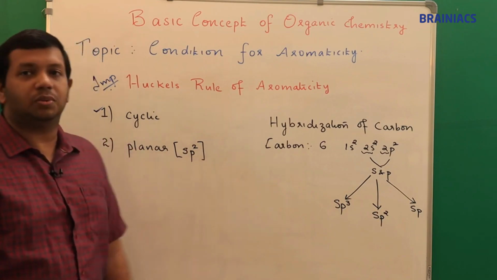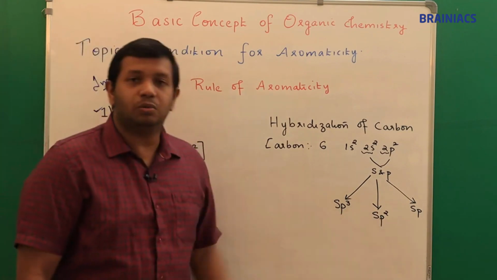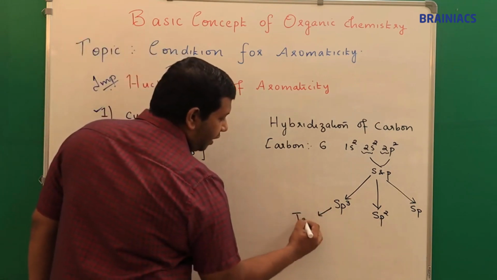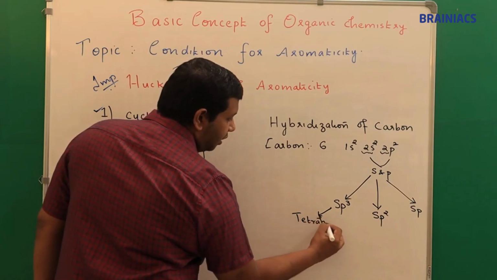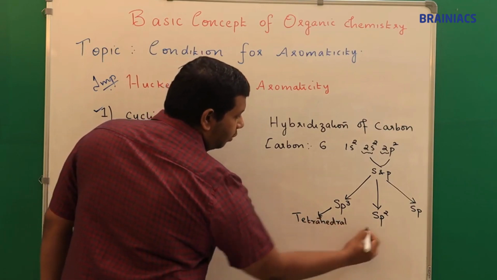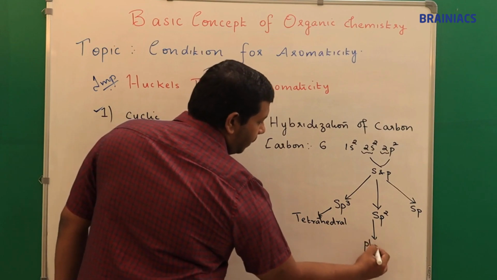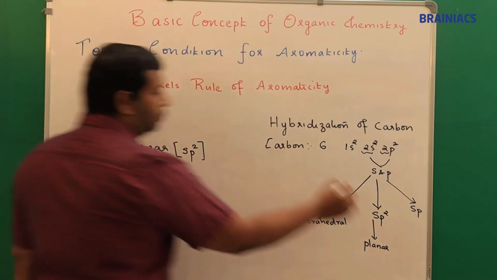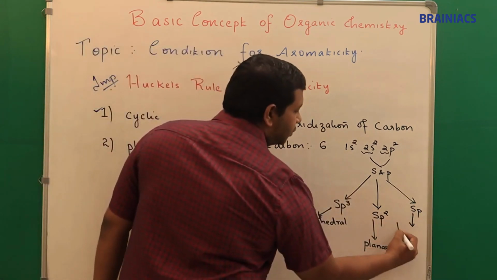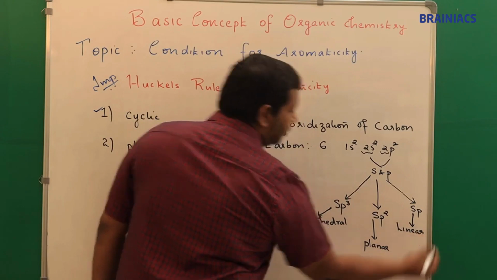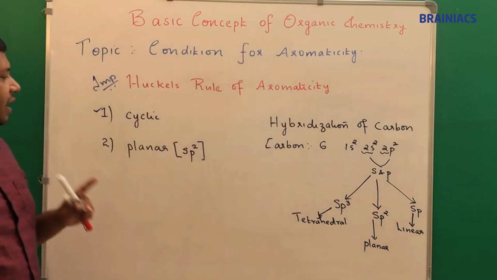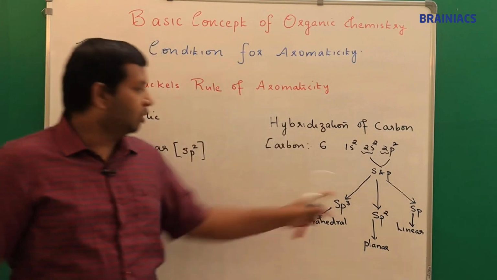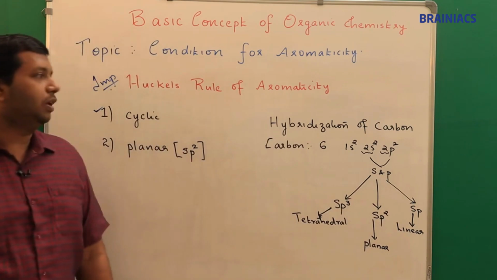I need to ensure that all the carbon atoms are sp2 hybridized, because sp3 has a tetrahedral shape, sp2 has a planar shape, usually trigonal planar, and sp hybridization has a linear shape. To check planarity, the carbon I am investigating should have sp2 hybridization.